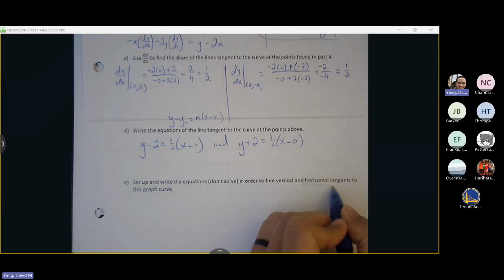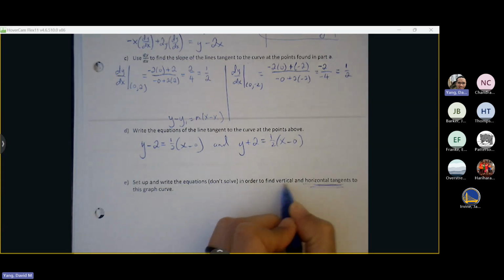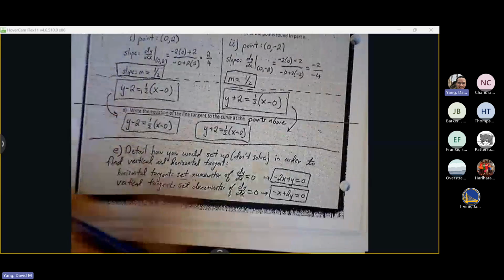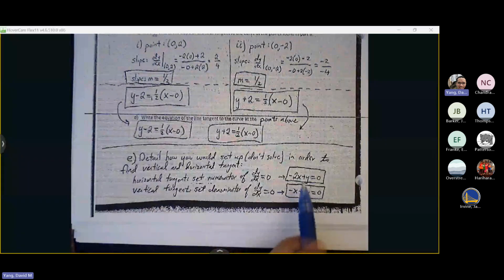Where do we look for horizontal tangent? Numerator of the derivative, okay. And to find the vertical tangent, we set the denominator equal to 0. Yeah, that will be the first steps to gathering. But I did not actually go further for this review, but if I were to ask you to go further, it would just be one variable for you to solve.